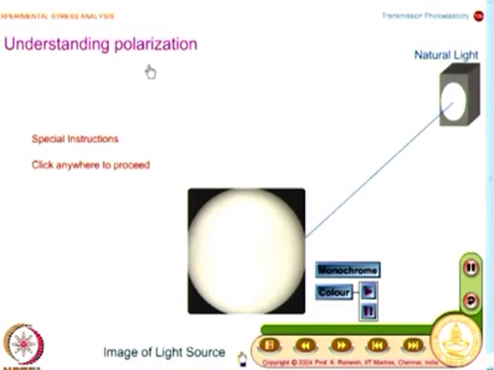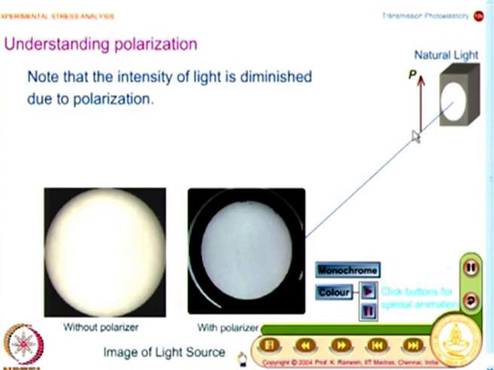You have understanding polarization, and the moment you send a polarized beam of light, the amount of light available on the screen is diminished, and I show the polarizer simply by a line sketch, and this indicates the direction of polarization. So, what I have here, I said that by putting this sheet, only the vertical component is transmitted. That was only a statement.